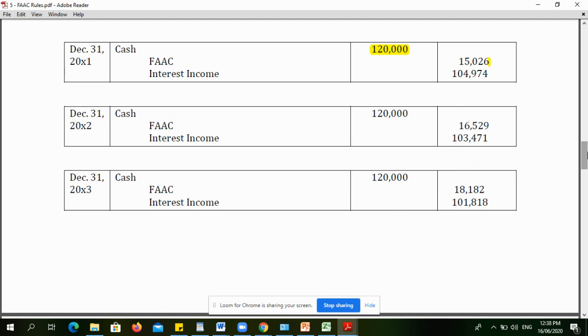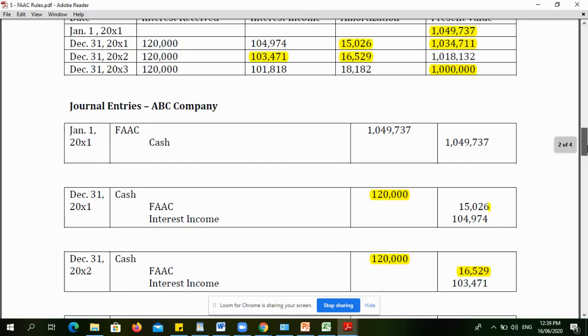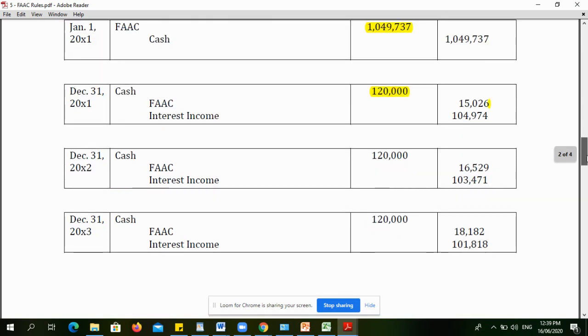So, okay. Let's go to December 31, 2002. So, again, we will be receiving cash. And we will also recognize an interest income. Tapos, mapapansin nyo, meron na namang difference. So, ang effect ng difference na to, magiging deduction siya sa carrying amount ng FAAC.